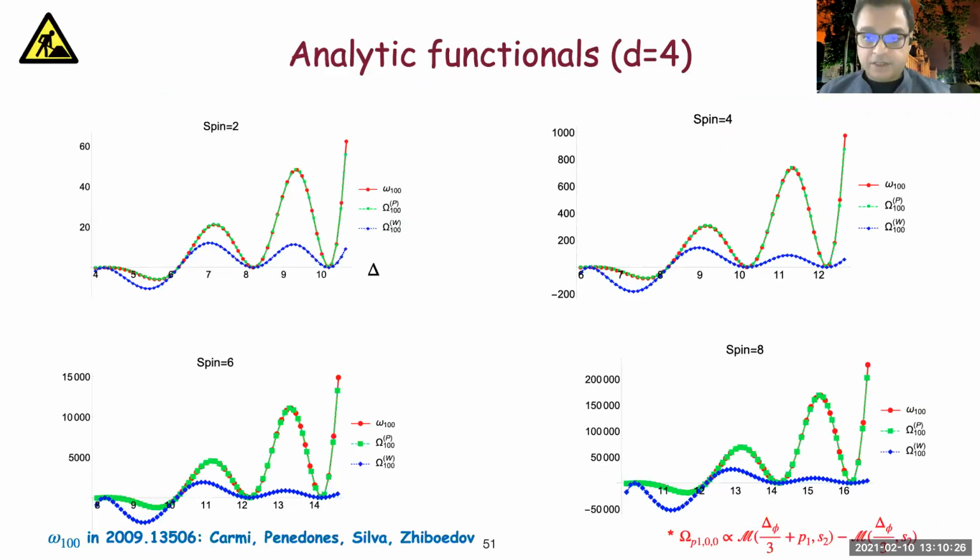So just to tell you how the analytic functionals look. Here I'm just plotting this little omega. I can also look at the kind of things that Leonardo and company looked at, but those are much harder because they had a non-trivial integral to do. These are simpler functionals to look at.